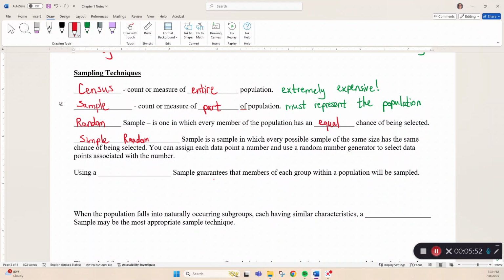An example of that would be that every 100 person group has the same chance.